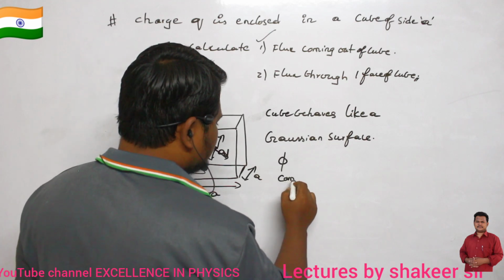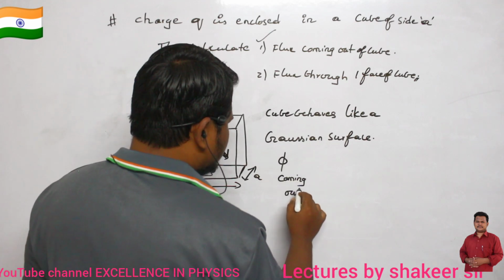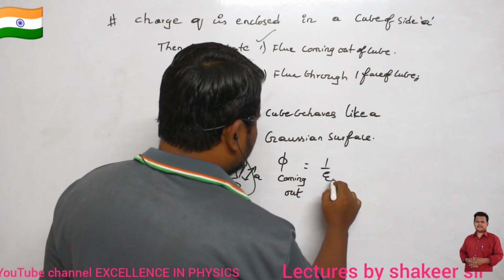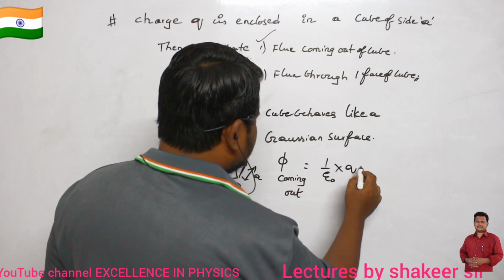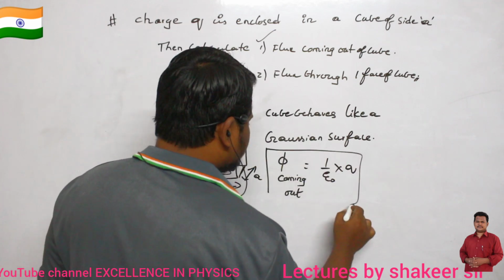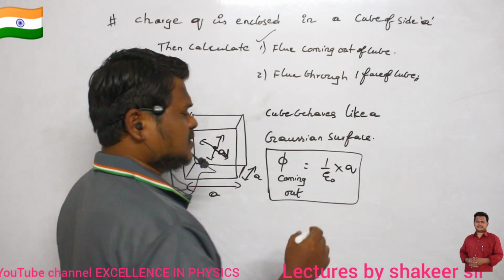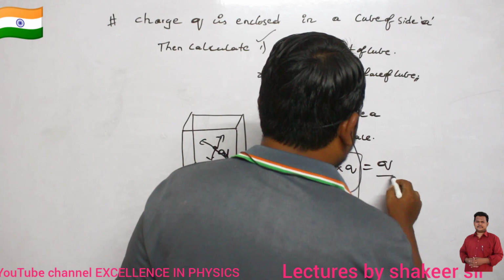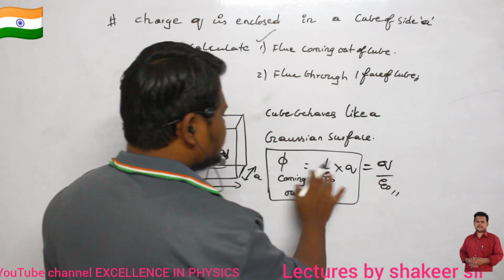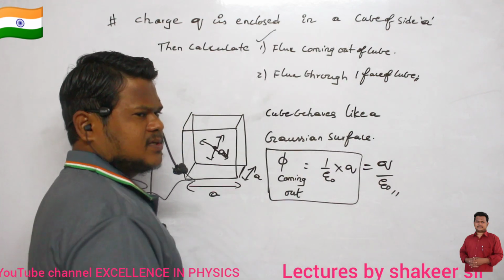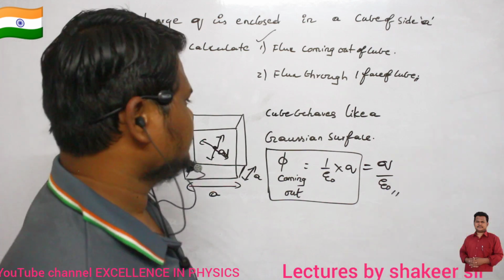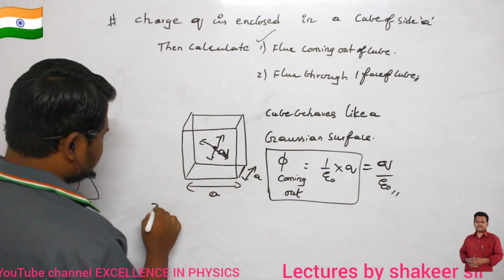Flux coming out is equal to 1 by epsilon naught times the charge enclosed by the Gaussian surface. This is the answer. So charge is Q, so flux is Q divided by epsilon naught. So this much amount of flux is coming out of this Gaussian surface. That's all. Clear?